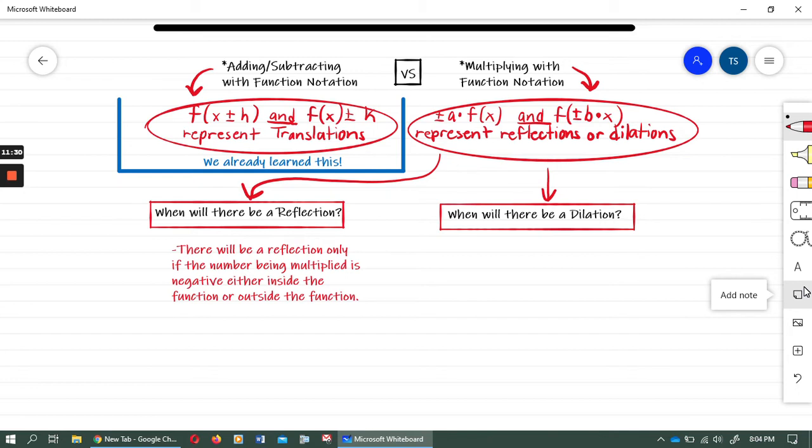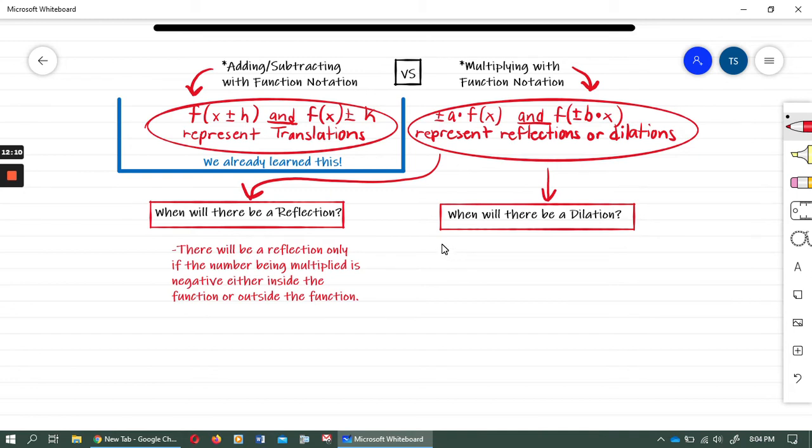There will only be a dilation if the number that's being multiplied, either inside or outside, is not, and I repeat, is not 1. In other words, it's only a dilation if that number is any other number besides 1.